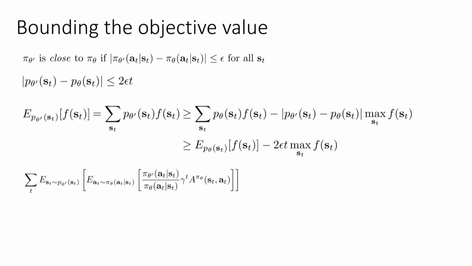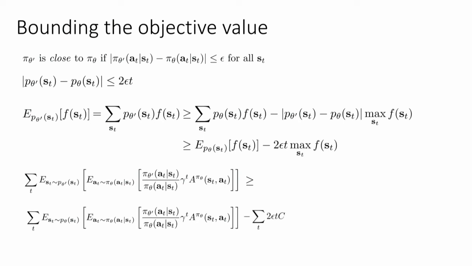So now what are we going to use for f? Well, we're just going to use the thing inside that expectation. So we have this complicated thing inside the expectation. That's going to be our f. So we'll just plug that in. And when we plug it in, here's the bound we get. Now the expectation is under p theta, which is what we wanted. But then we have our error terms.